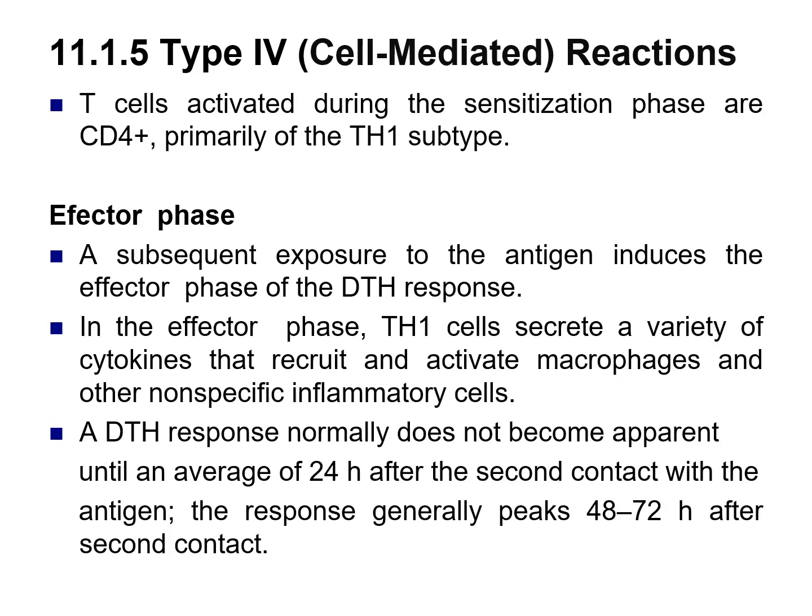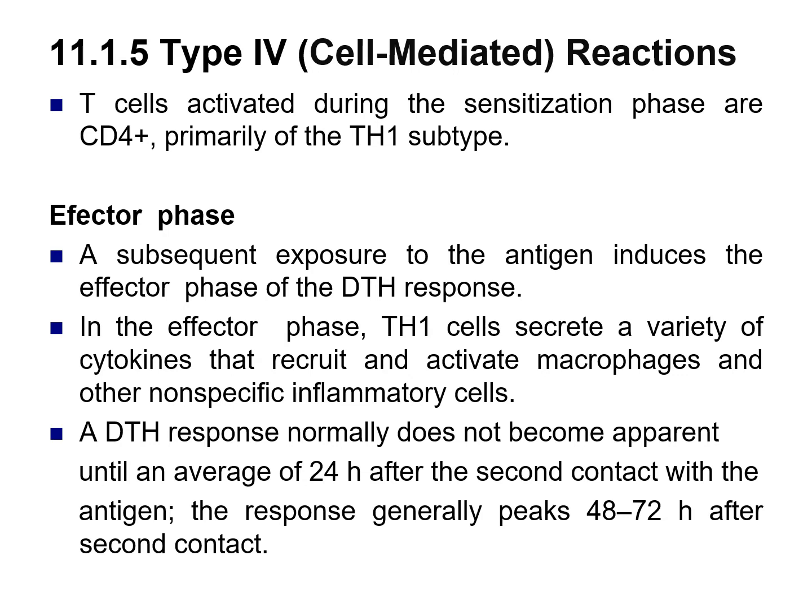Right, so T cells are activated during this phase and mostly are CD4 positive or Th1 subtype. The second phase is called the effector phase, so please correct the spelling. This is when the person is exposed to the same antigen. So this will lead to this phase.